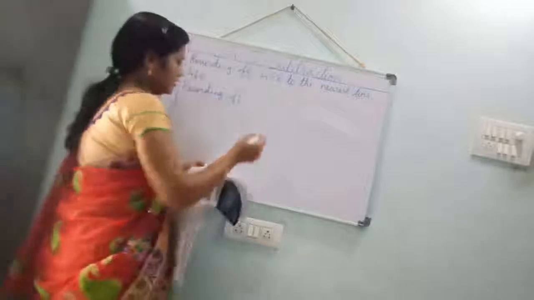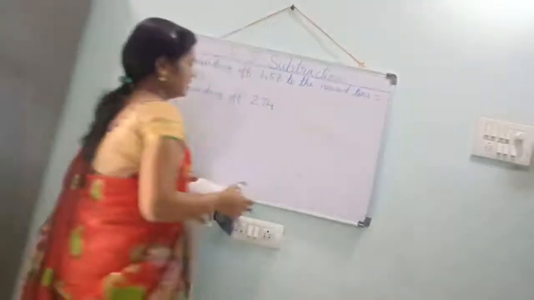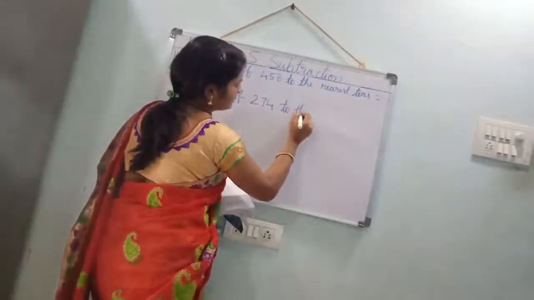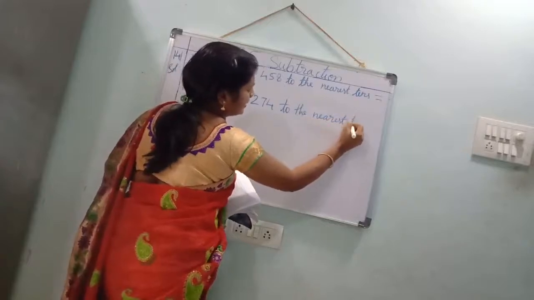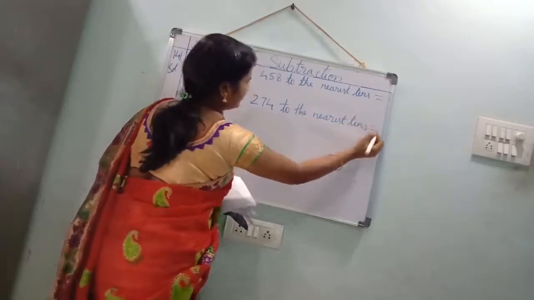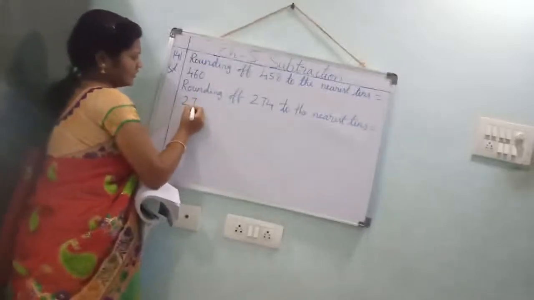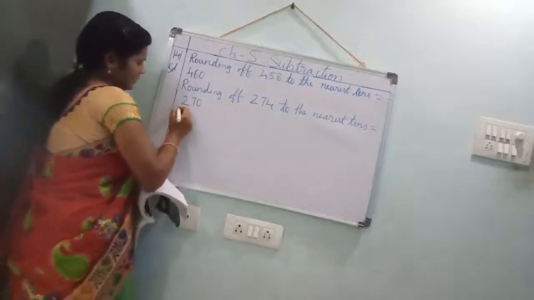What is that number? 274. Yes. 274 to the nearest tens. See, 274 nearest 270. Understood, children?